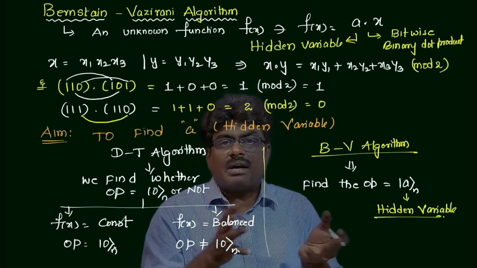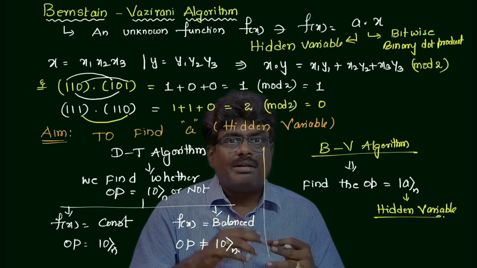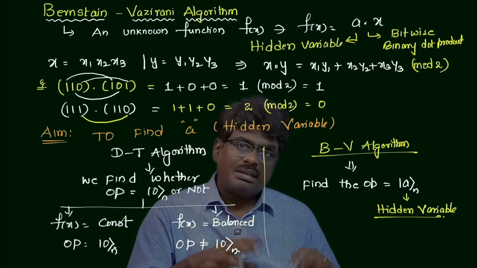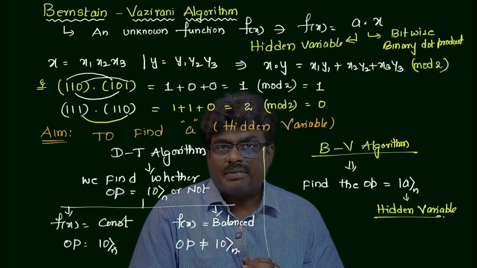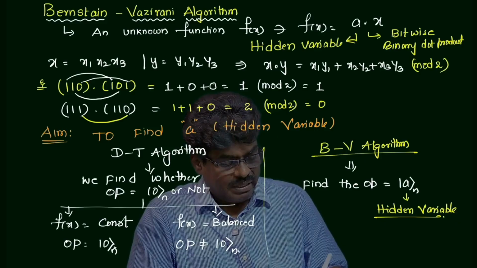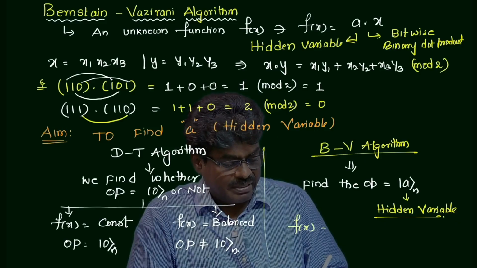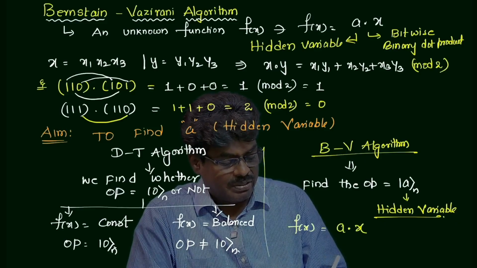So here we are getting the complete output. It's not just checking whether the output is 0 or not. Here we are finding the complete output as a, which is a hidden variable. This hidden variable is defined like this: f of x equal to a dot x.